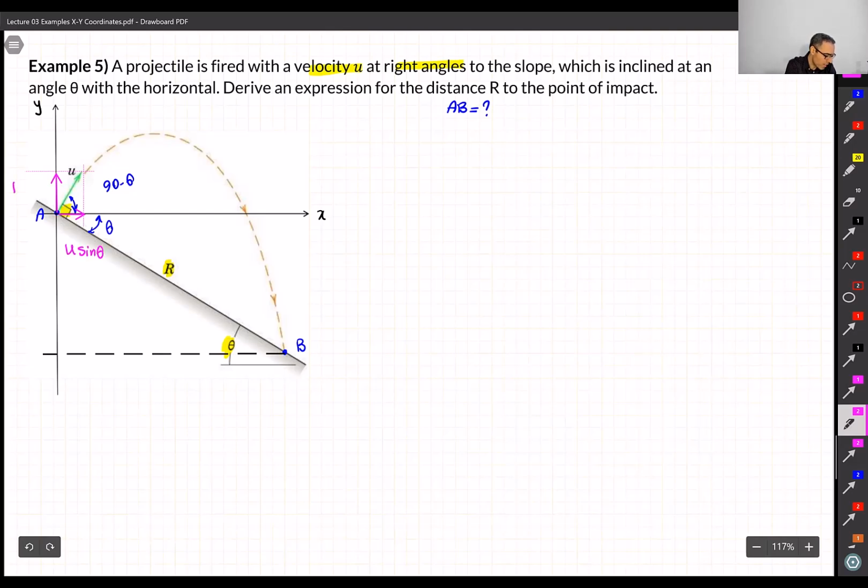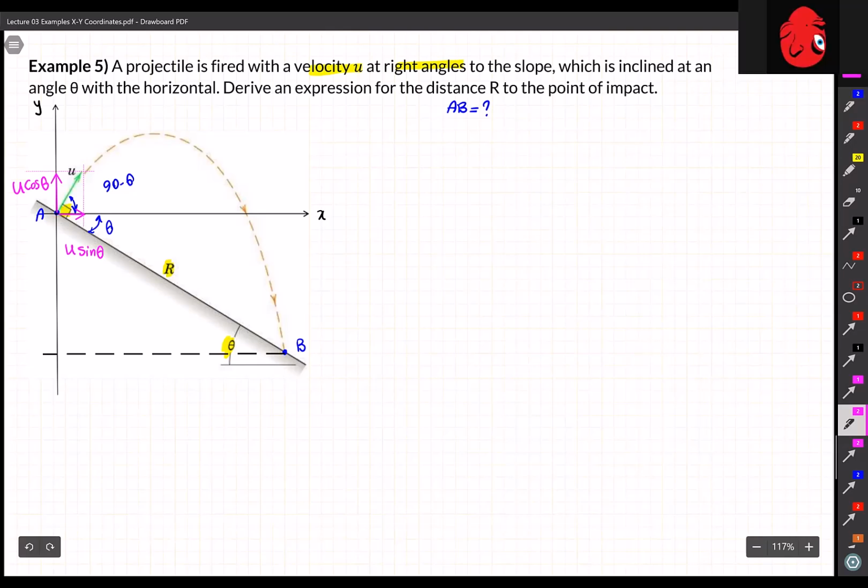And in y, I have u cosine theta. Be careful. Unlike the example before, now the horizontal is u sine theta and vertical is u cosine theta. That's why I'm suggesting forget about those formulas that we developed. Just independently solve the problem. So then you don't make a mistake.